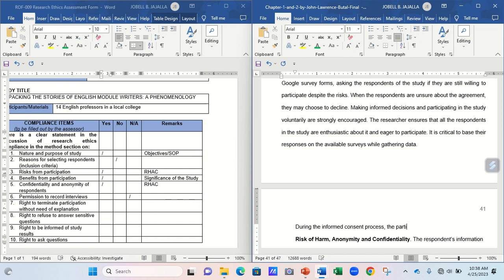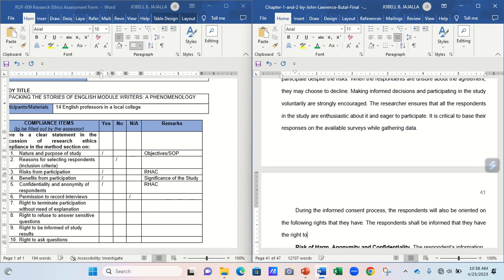The participants, the respondents will also be oriented on the following rights that they have. The respondents shall be informed that they have the right to terminate participation without any need of explanation.